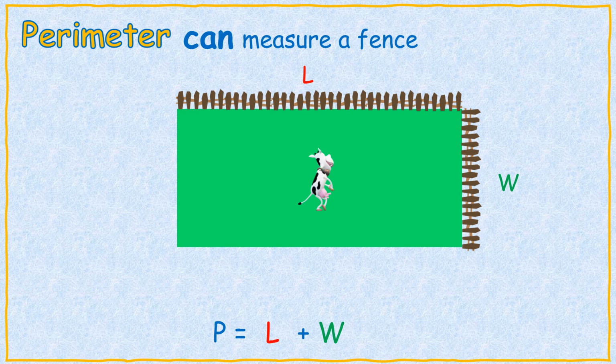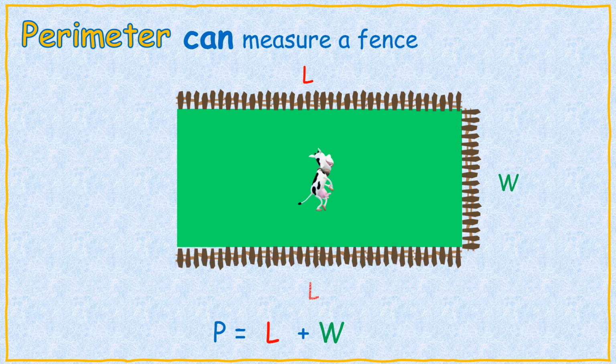So I have to do perimeter equals length plus width, and you guessed it, plus length, and I'm still not done because I have to do one more plus width. And that way I can see that all sides are connected, and now the cow cannot escape anywhere.